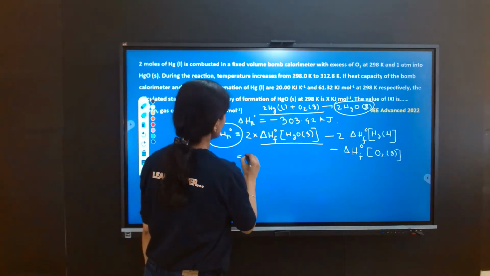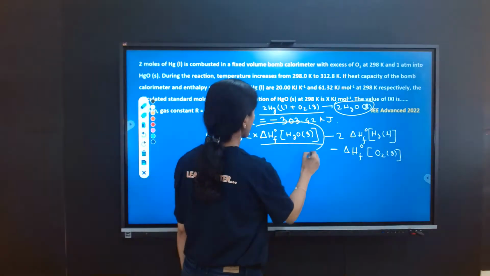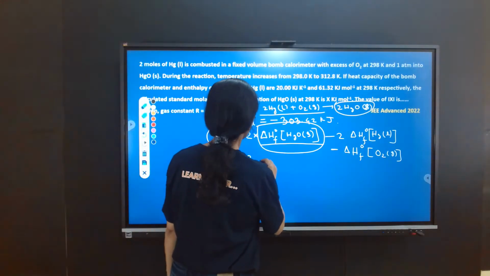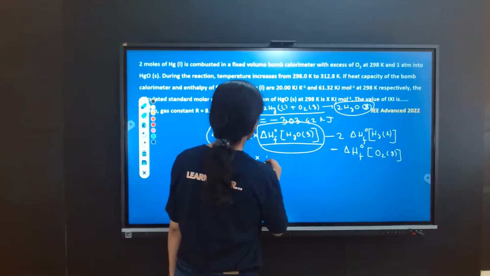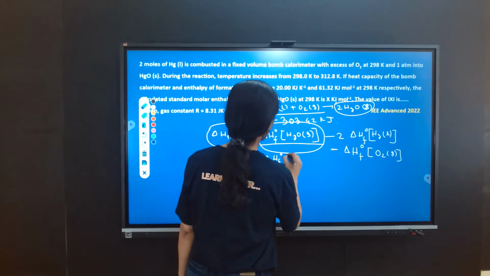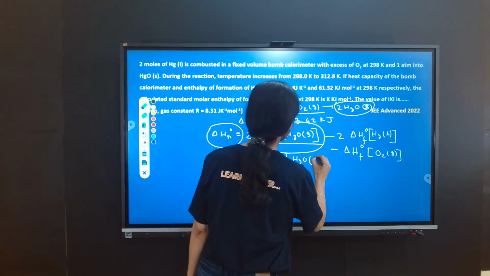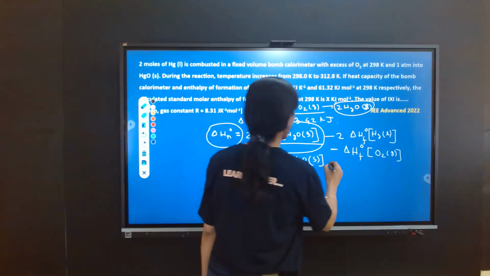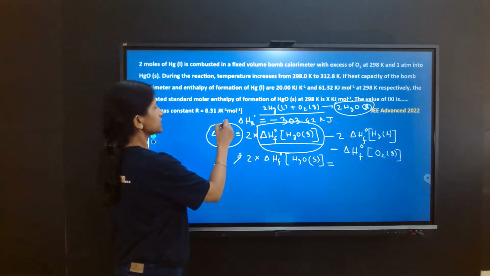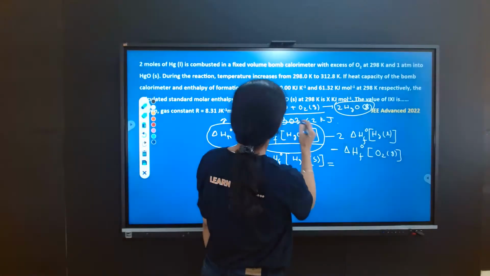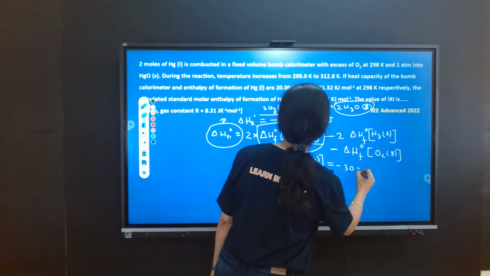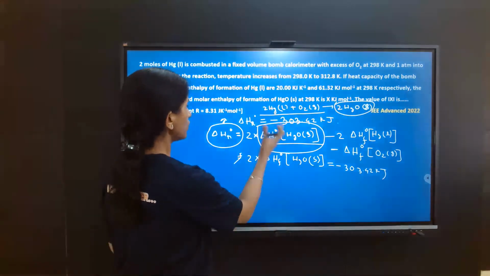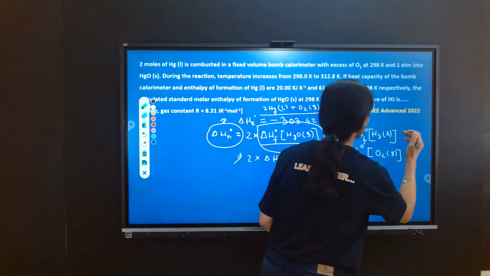Now, this we have to calculate. So 2 times delta HF0 HgO solid we have to calculate, and we have calculated the reaction enthalpy previously as minus 303.42 kJ, and the other part will go as plus on that side.